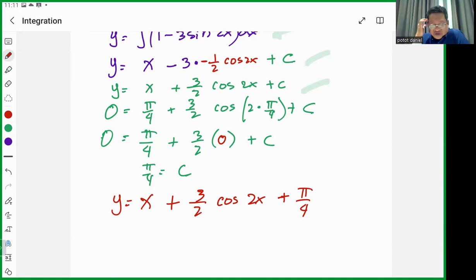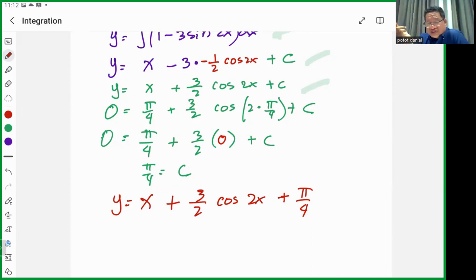for example, a complicated formula, especially since the integral of sine is very tricky. Again, the integral of cosine is positive sine, the integral of sine is negative cosine. It is very tricky because the derivative of sine is cosine, and the derivative of cosine is negative sine. So sometimes it's interchangeable in your head.